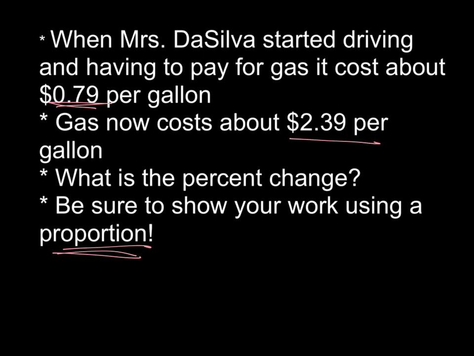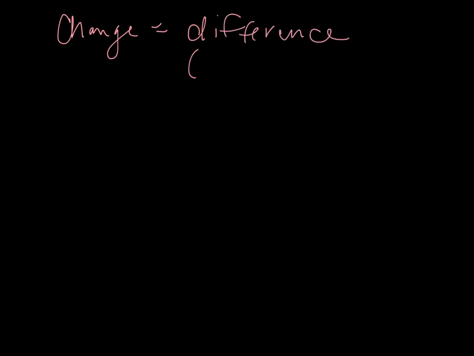So we have the original and we have what it is now. Keep in mind that we're looking at change. In order to find the change, we need to find the difference. We need to remember, in order to find a difference, that means we subtract.